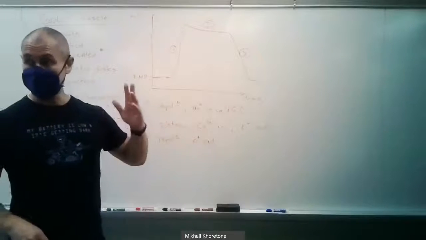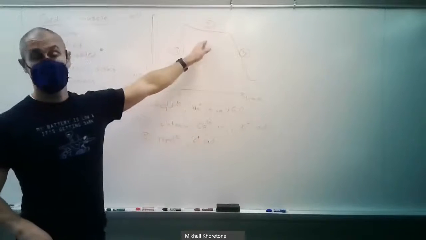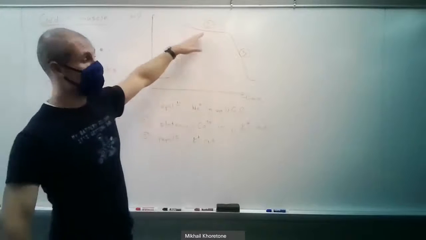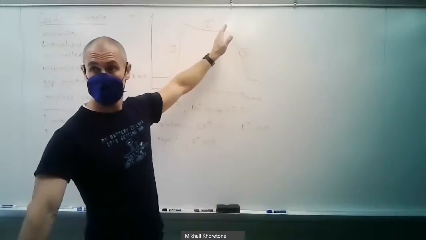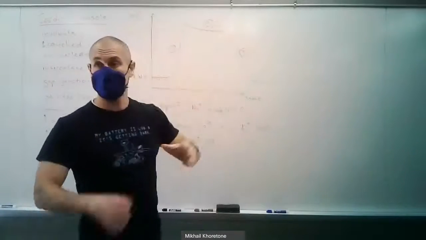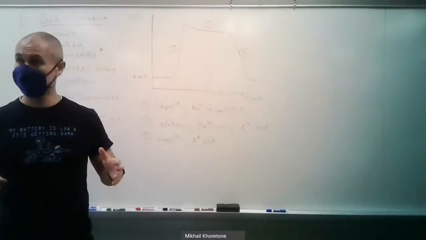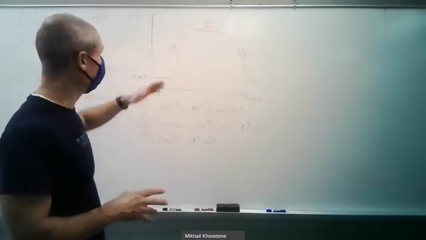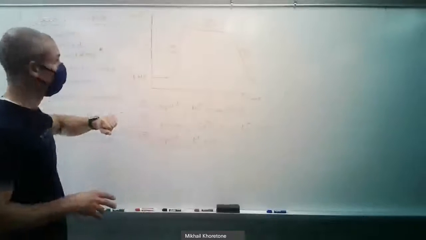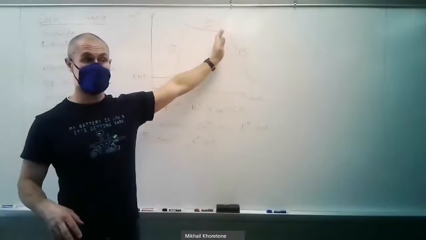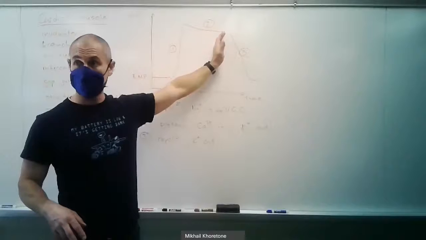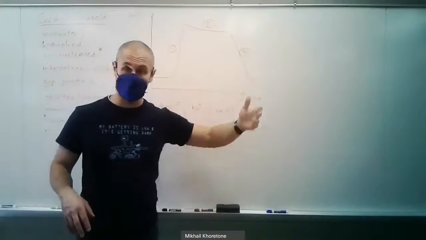Calcium flows in, potassium is out, but calcium flow basically maintains the plateau. That plateau corresponds with an extended contraction. Now then, calcium channels close, potassium channels remain open, and the cell repolarizes, ready to contract again.